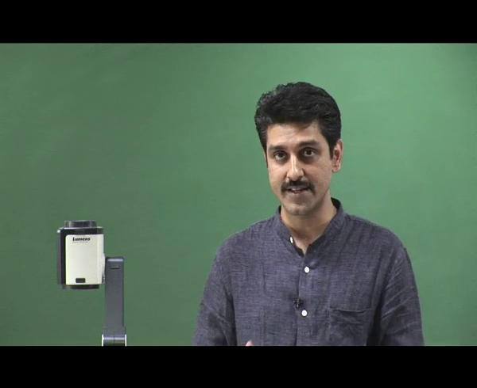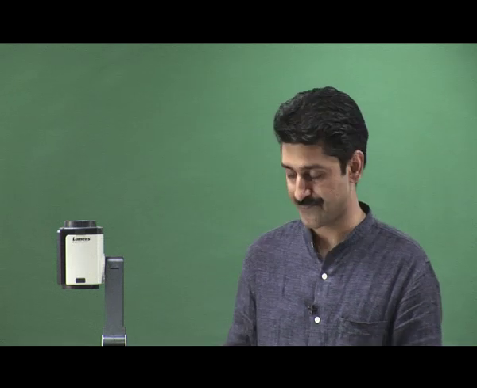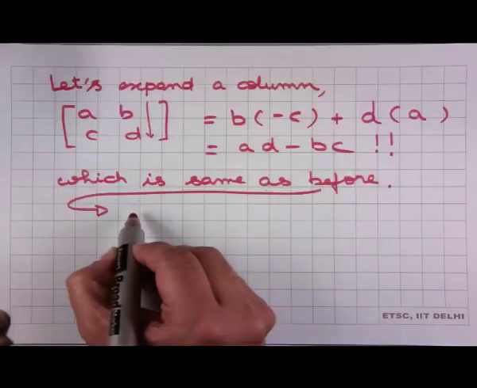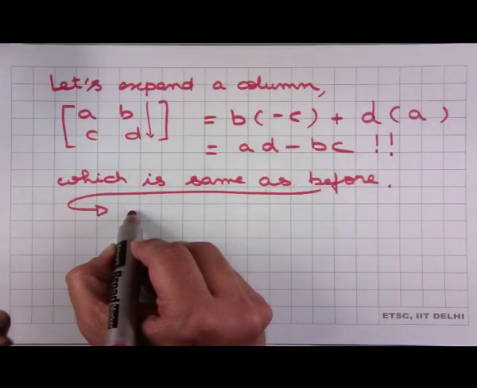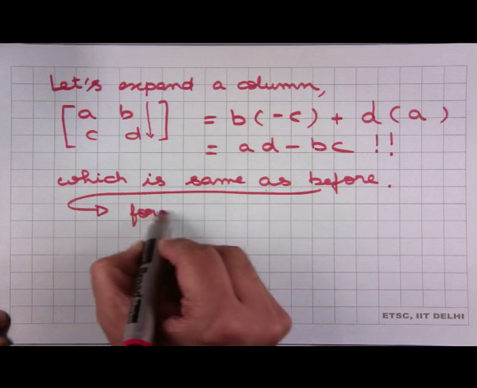Or if you look at it geometrically, the area of a parallelogram formed by the columns of the matrix is given by this number. So, this is in a sense a very magical number to have. We have seen this in multiple contexts, including as the formal definition of the determinant.